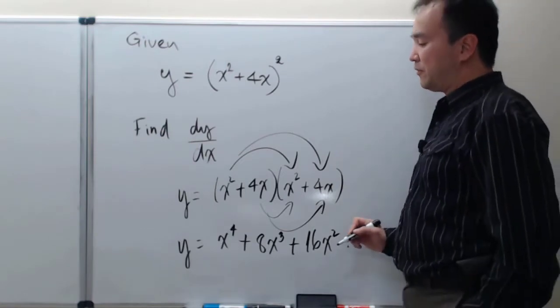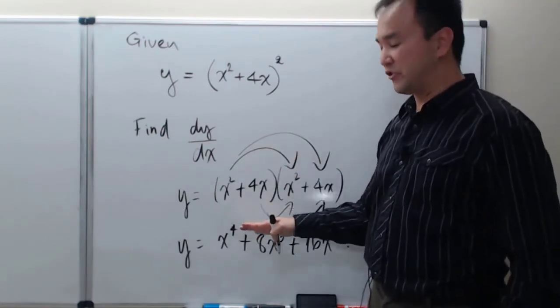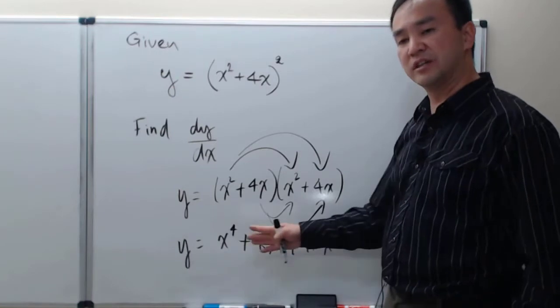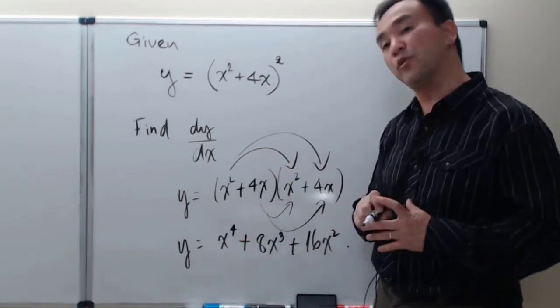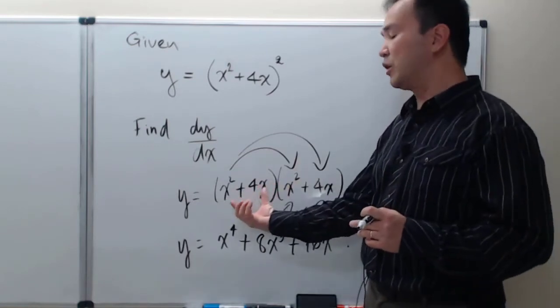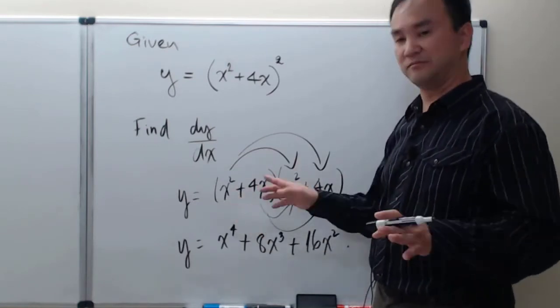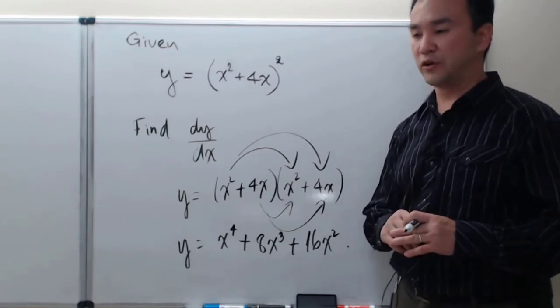The reason I went for foiling is that I just want to lay down the function all in three separate terms, so I can easily apply the power rule. It's just my favorite choice. But if anyone would like to go for the route using the product rule, you're more than welcome to do that.